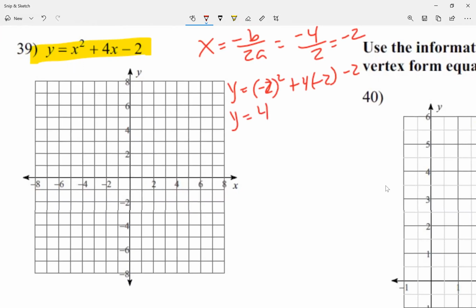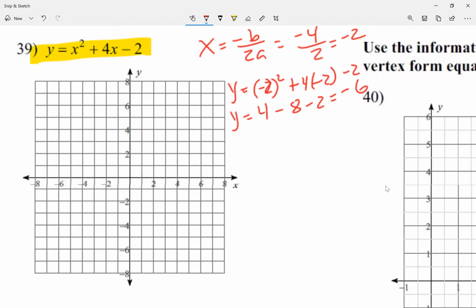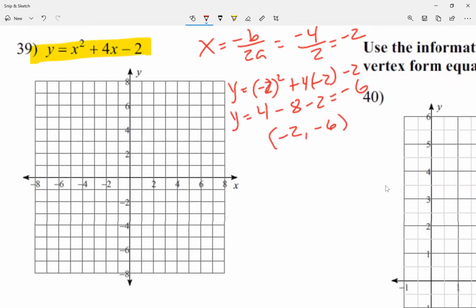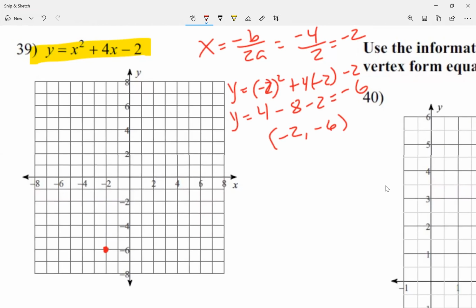I'm doing my exponents. 4 minus 8 minus 2. So my y value is negative 6. So that gives me my vertex at negative 2, negative 6. Okay, I know my vertex.